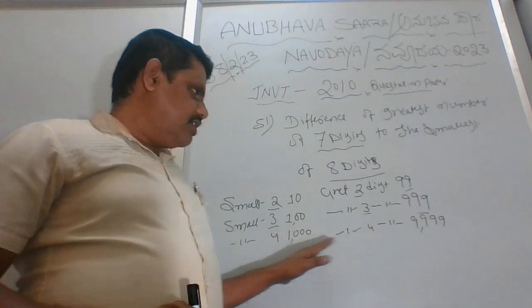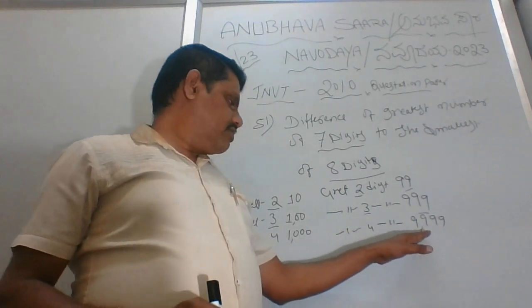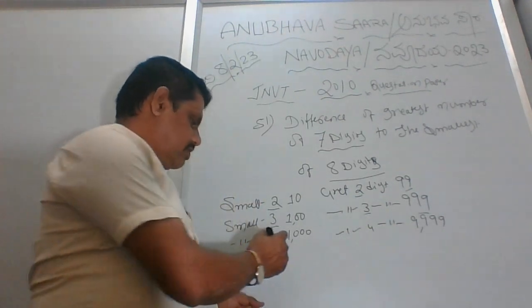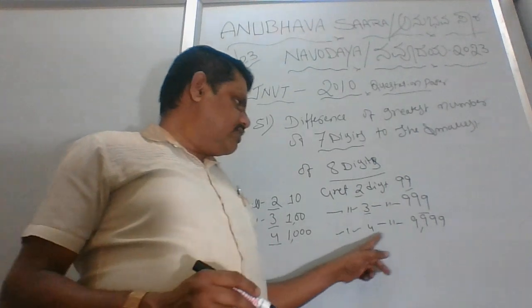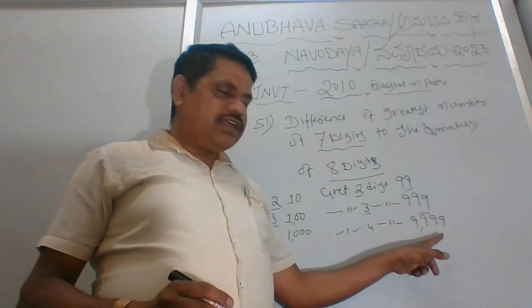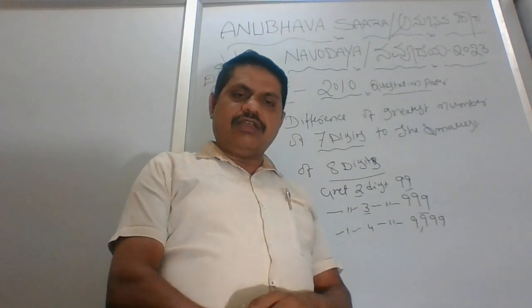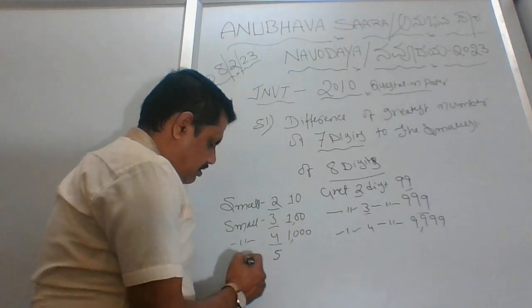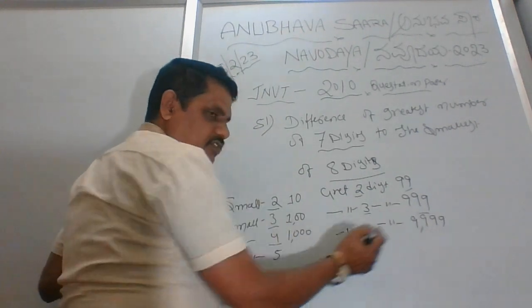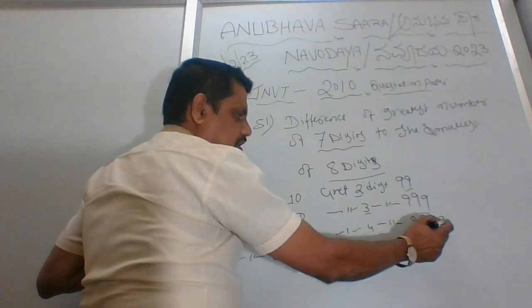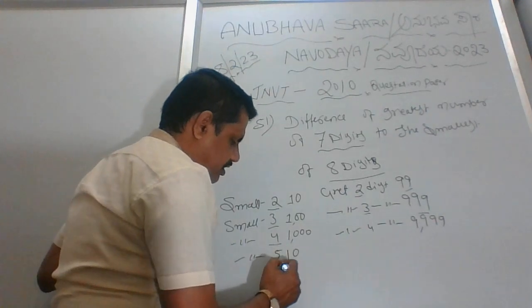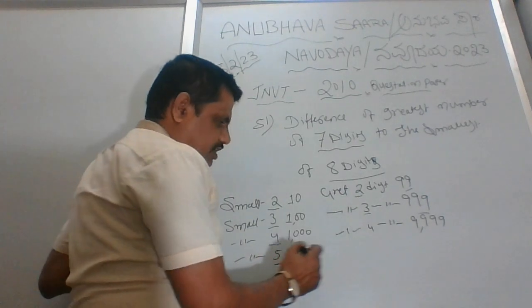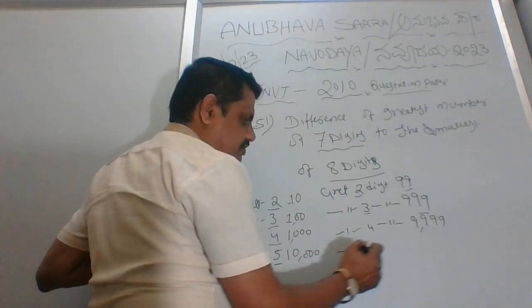So the 4 digit smallest number is 1000 and the 4 digit biggest number is 9999. The fifth one is next to this number: after 9999 it's 10,000.